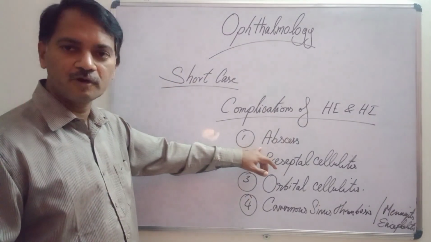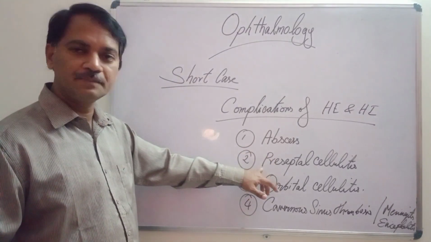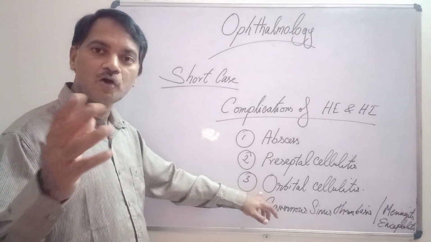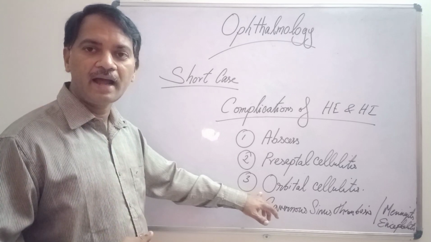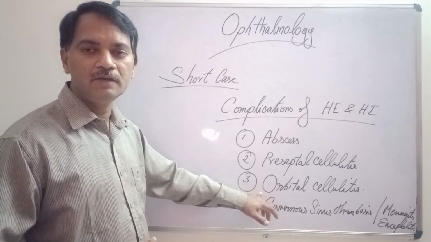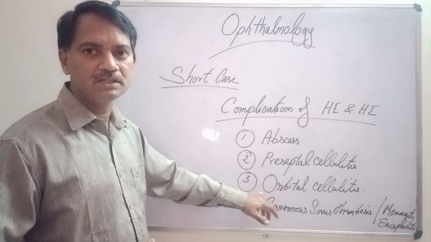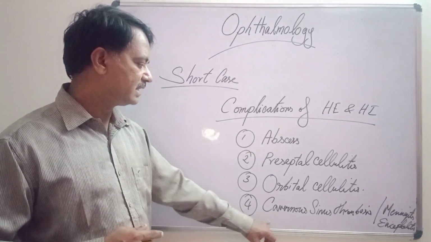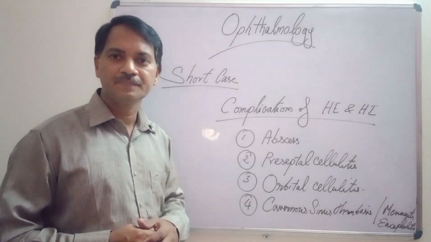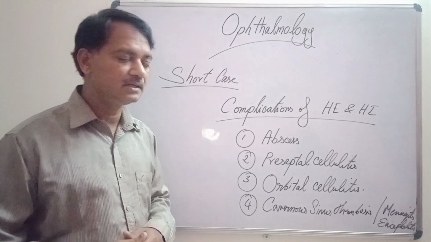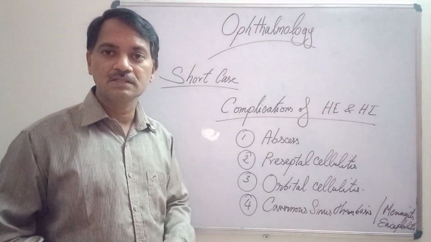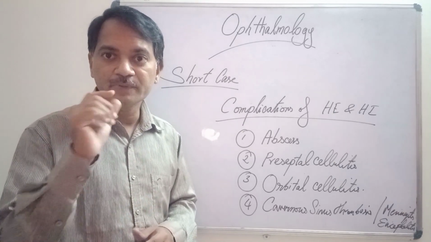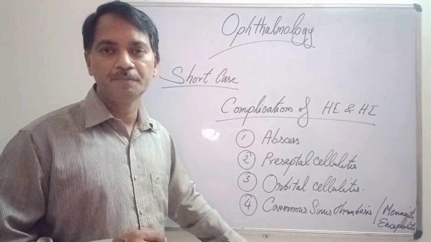One is abscess formation, second is preseptal cellulitis, third is orbital cellulitis, which can cause ophthalmoplegia and loss of vision due to involvement of the optic nerve and the muscles and nerves. It can spread into the skull, causing cavernous sinus thrombosis and endangering the patient. It can cause meningitis, encephalitis, or meningoencephalitis. A simple swelling can lead to all these complications.